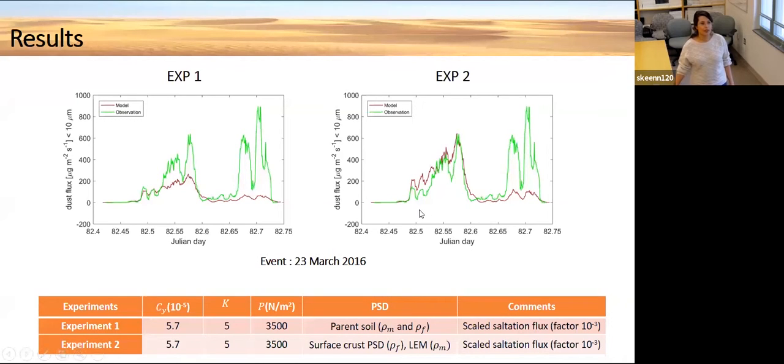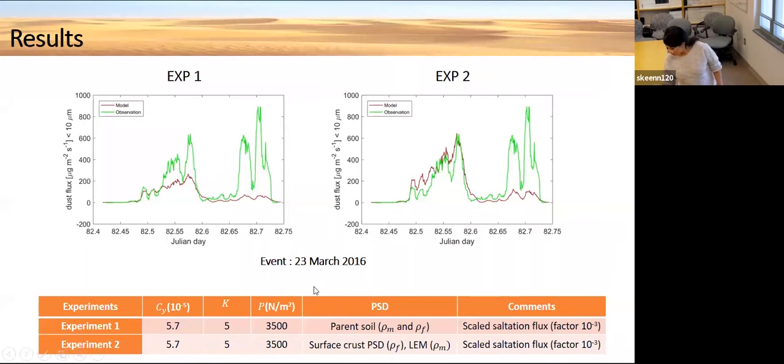So it means that we improved the representation of PSDs by replacing them with crust and LEM PSDs in the model. Here you can see how the results can be improved by having a better representation of the soil characteristics in the model for one event.